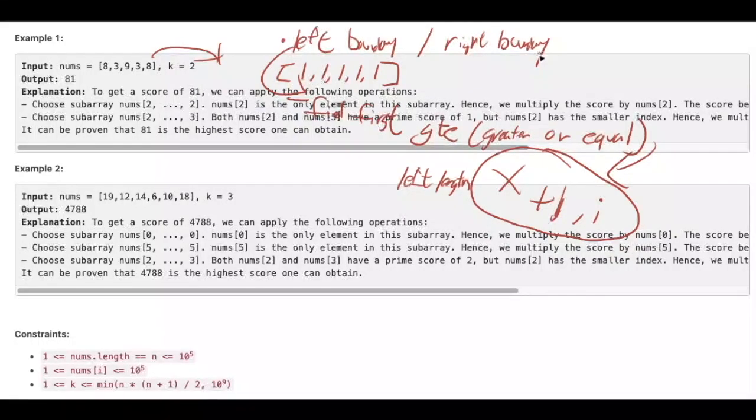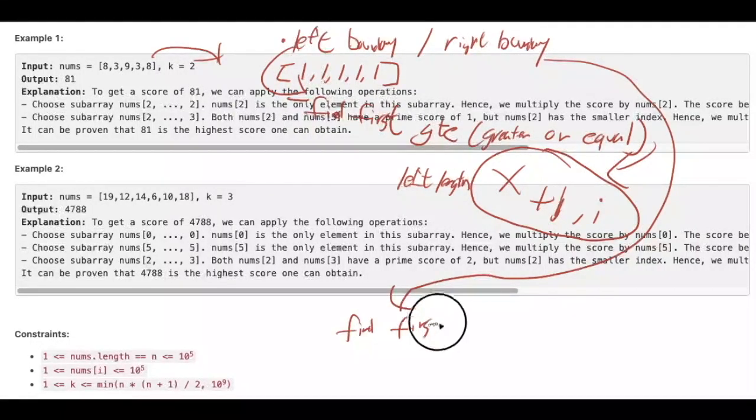For the right boundary, it's a little bit different but similar. We're going to find the first GT. This time it is strictly greater, not equal. Because if it is equal, we can still keep going.